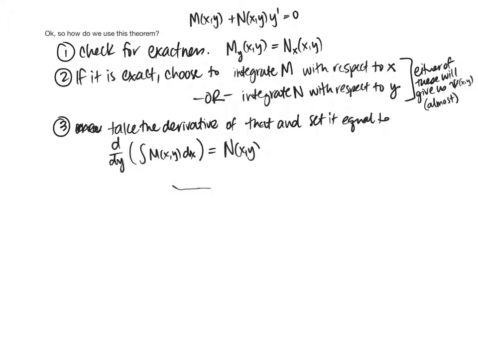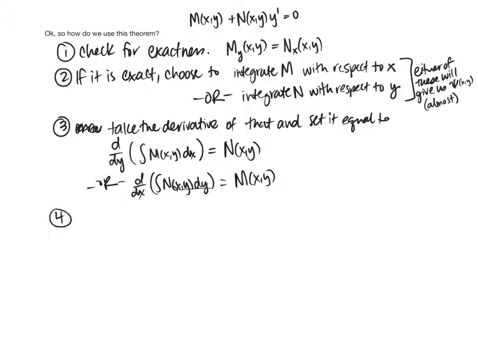Because what is n? N is the partial derivative of psi with respect to y. Or we can take the derivative with respect to x of the integral of n with respect to y. That should be equal to m. Okay?